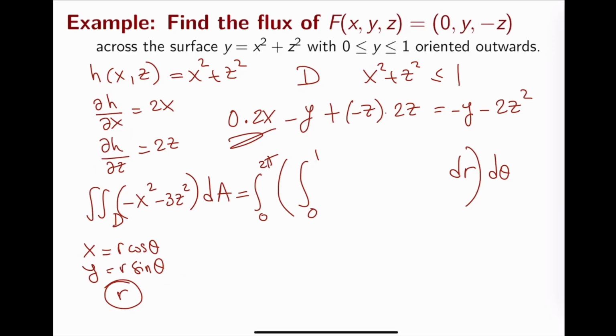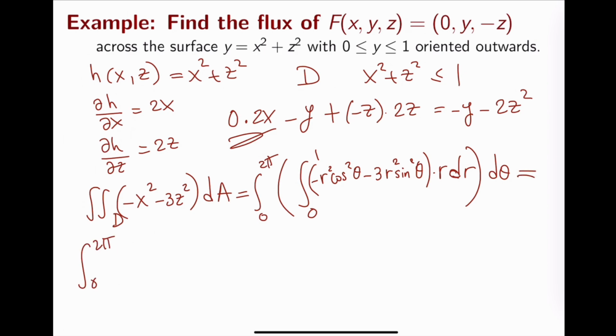And inside here we are going to substitute with the value in polars. So then this is going to be minus r squared cosine squared minus 3 r squared sine squared. And then we multiply by r. Let's simplify inside of the integral first.